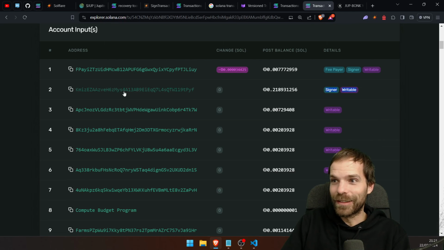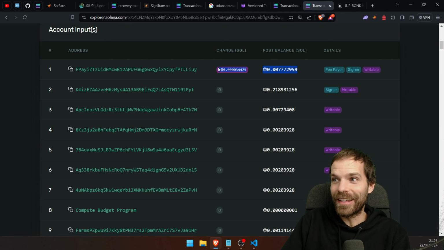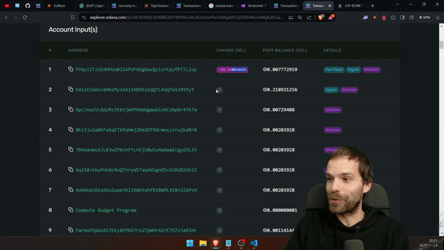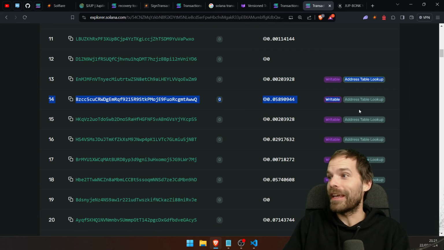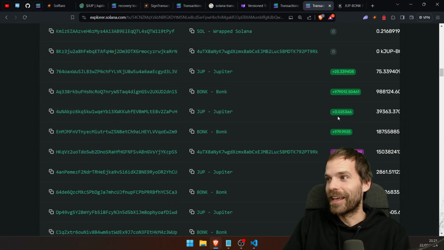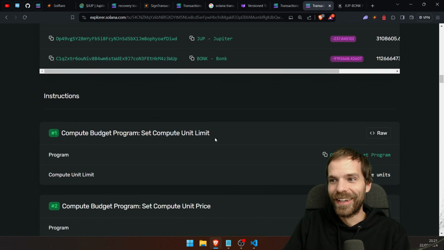I signed with my Kamino wallet and a different fee payer. He paid for all of this, just a transaction fee, because fortunately, we do not have to pay for any rent or whatever. If we withdraw, it works with lookup tables, lots of accounts, lots of changes, and we get some bonk and some chup.